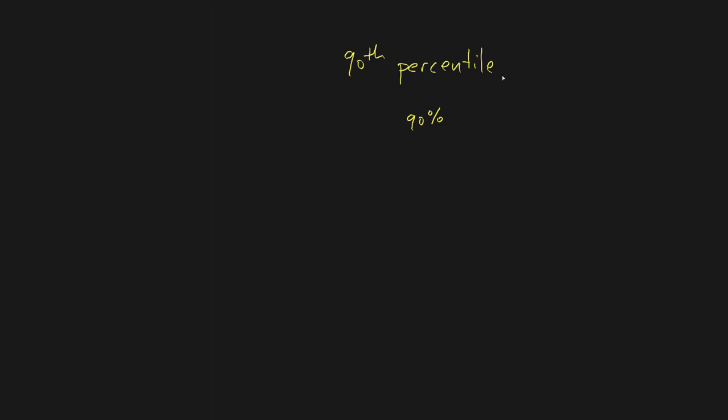What this means, this 90th percentile, this is actually what's called, and this is going to get a little bit confusing in terms of the terms that are used. This is what is called a percentile rank. This 90th percentile is a percentile rank, not to be confused with a percentile, which I'll discuss in a moment.